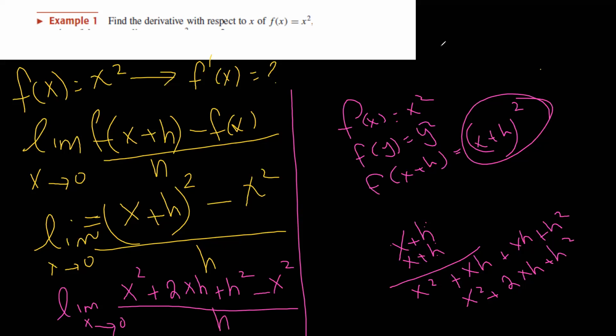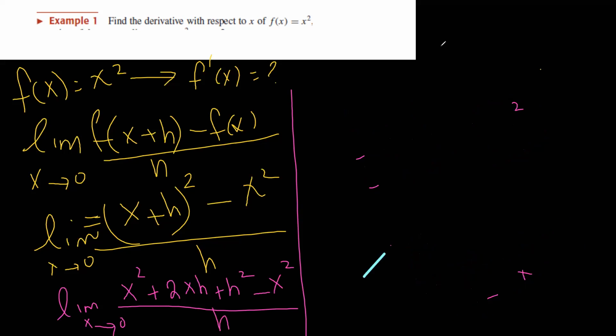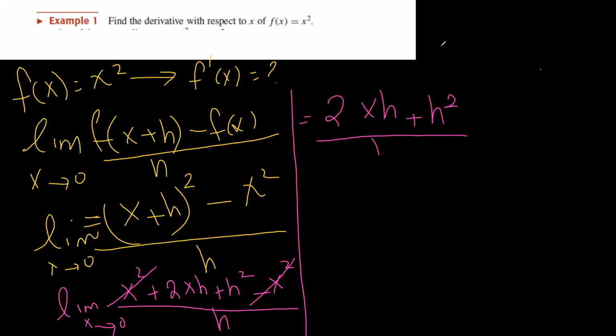Then the next step. Now x squared with x squared cancel each other. So what do I have now? I have 2xh plus h squared over h.